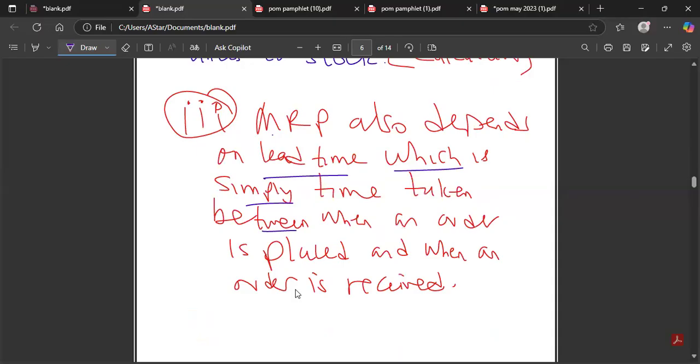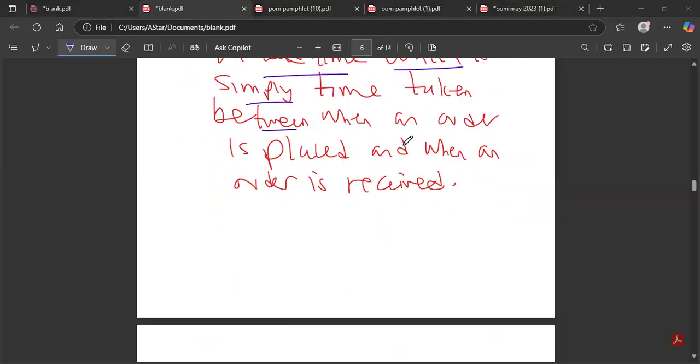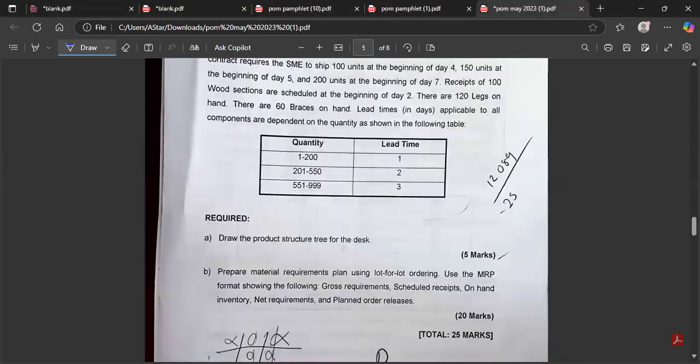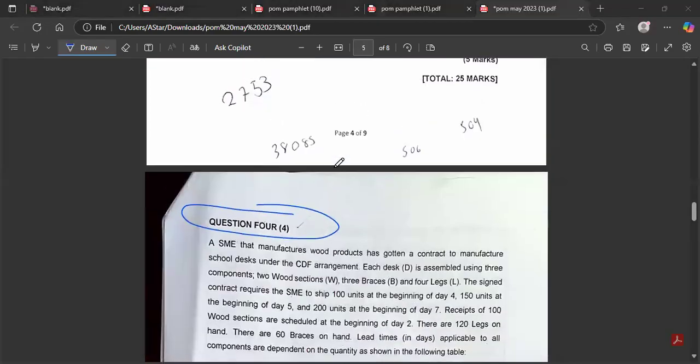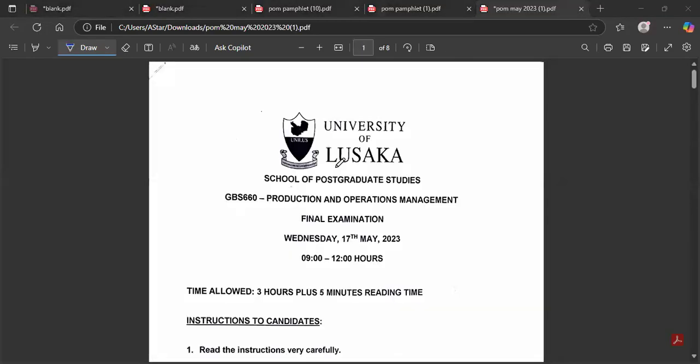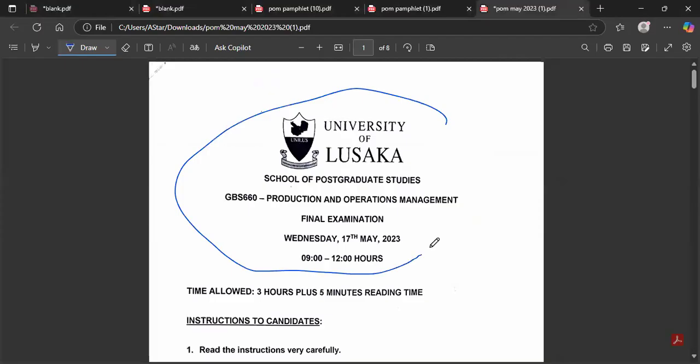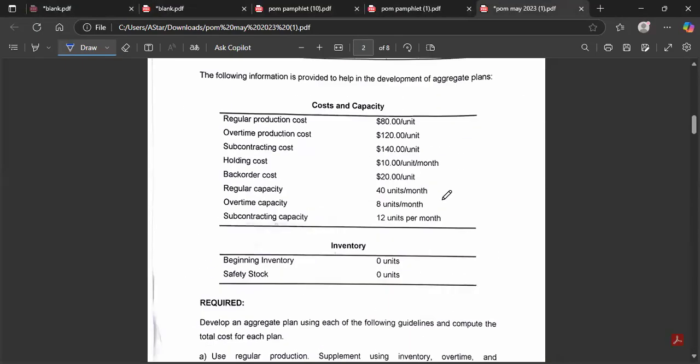I want you to take note of this exam question paper. I want us to look at question 4 of May 2023. It came as the MRP question.